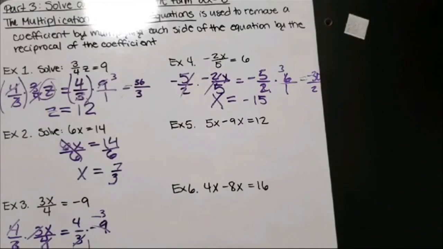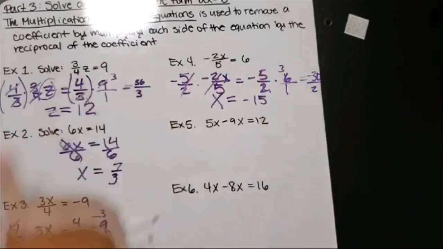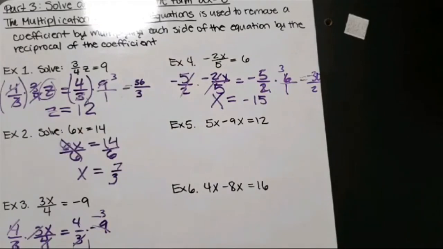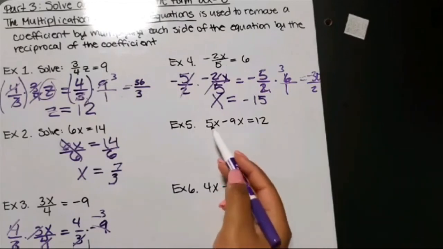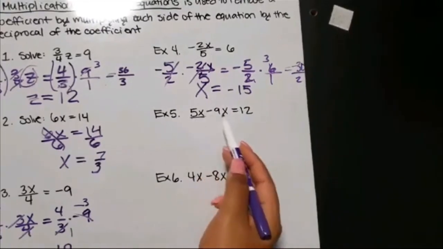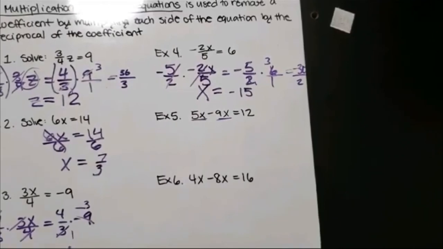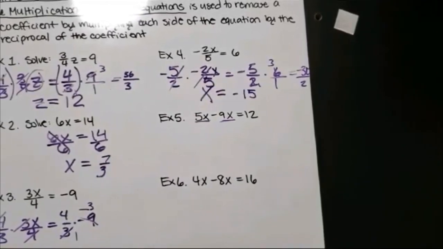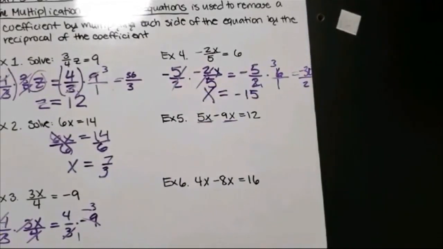Now with example 5, this is one of the ones that you have to pay attention to, okay? All of the ones that we have done previously were simplified enough to start moving things. For this one, it is not fully simplified. So you should notice on the left side, we have two like terms that need to combine.